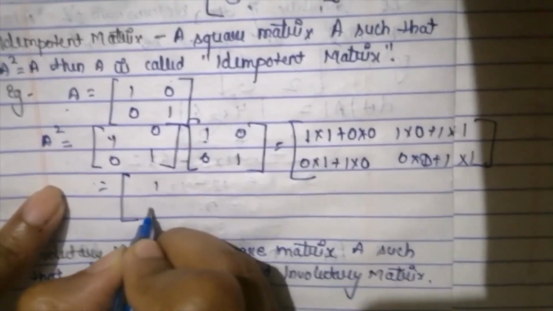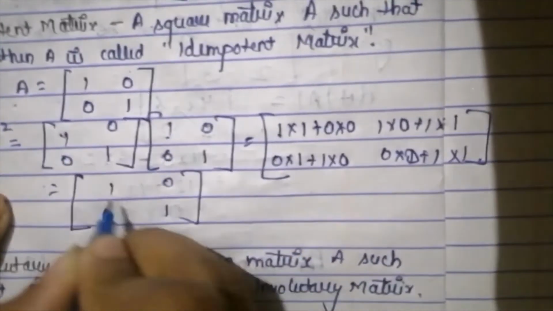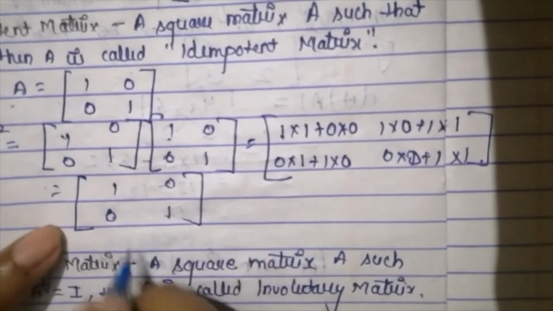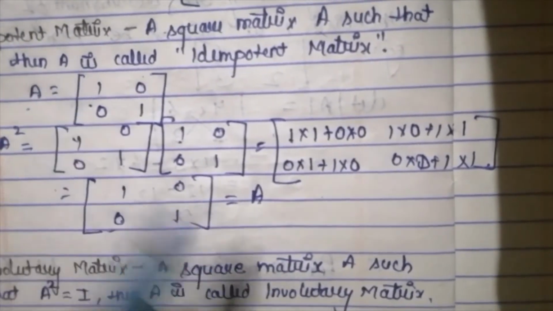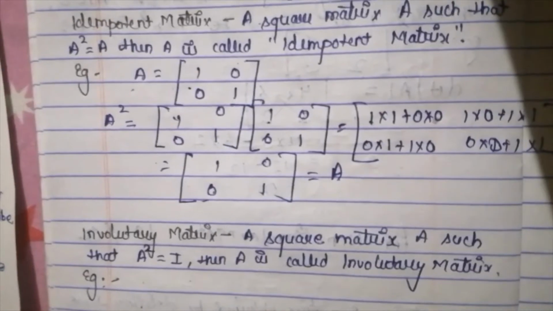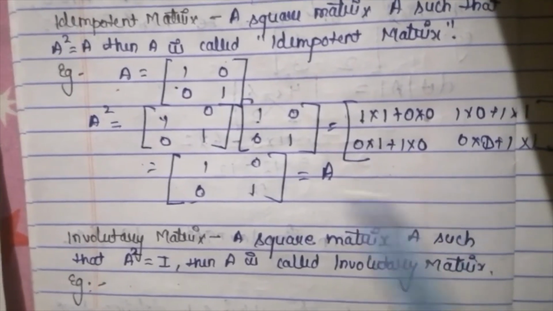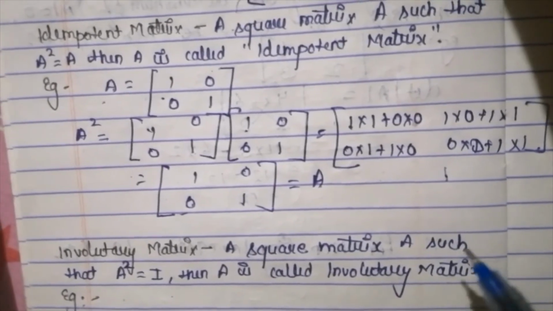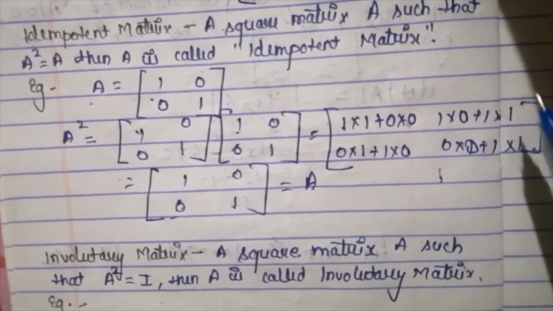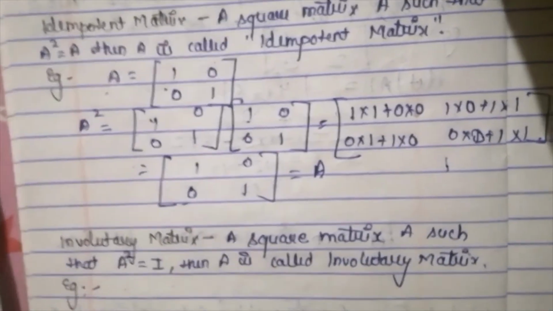So we will have 1 0 0 1. That is the same matrix. I do the multiplication of matrices directly here, as I already discussed the multiplication operation of matrices. So for the multiplication operation, please check my previous videos.